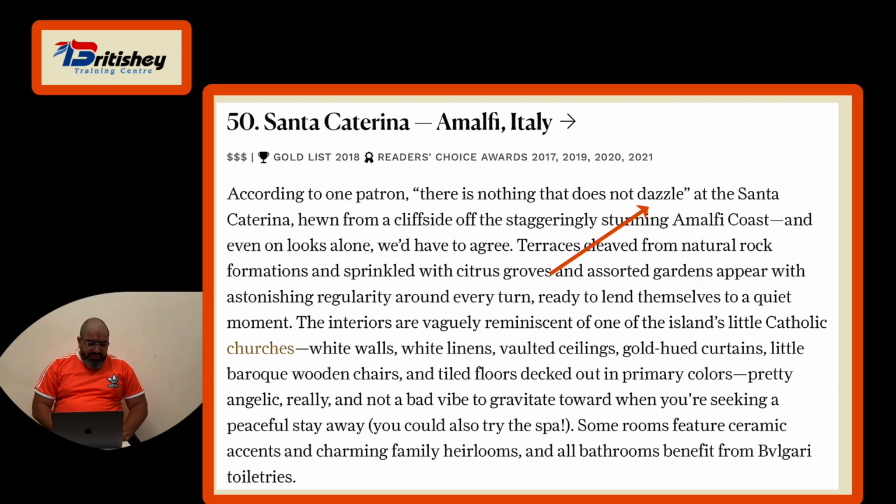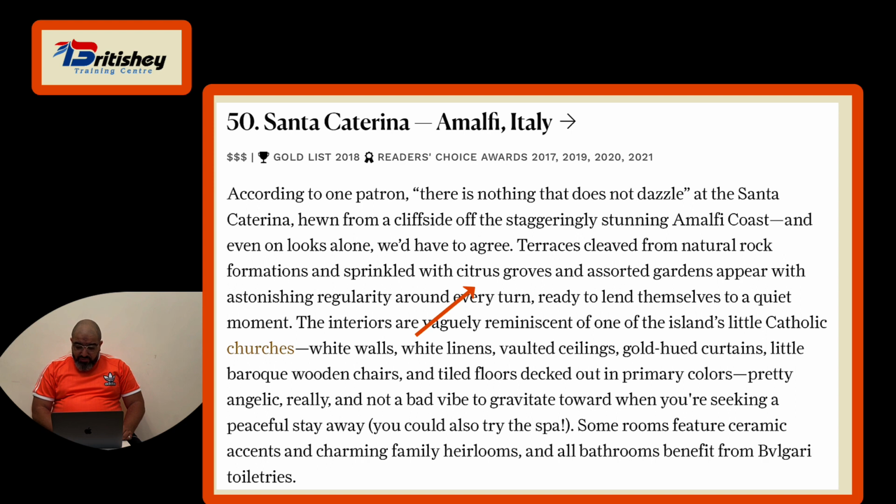Look at this. Dazzle, that's a nice verb to use. And then we have staggering and stunning, some very good descriptive adjectives that we can use when we're describing expensive hotels. Terraces, and we've got sprinkled, lovely.